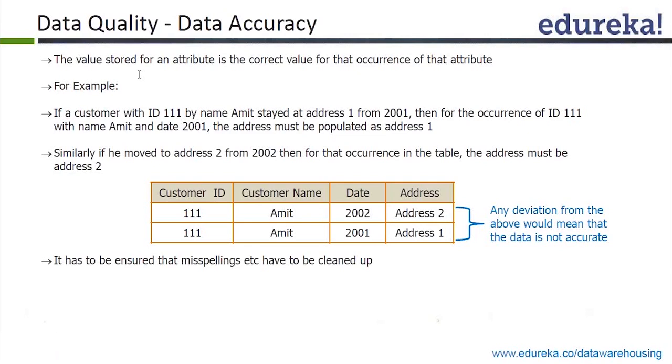The data you see in the data warehouse was correct for that particular time, but now it's not correct anymore. That is called data inaccuracy. It's not really wrong, but it's inaccurate.